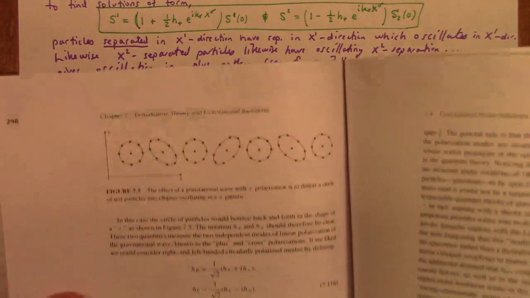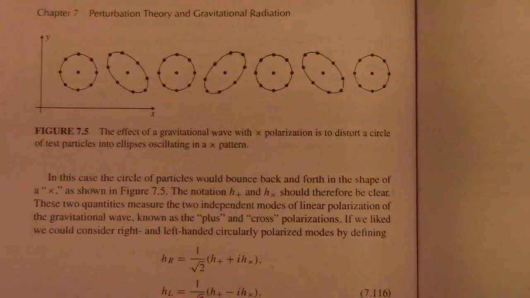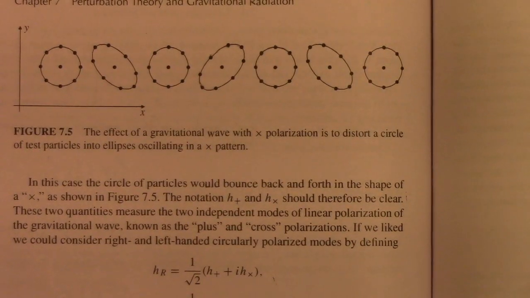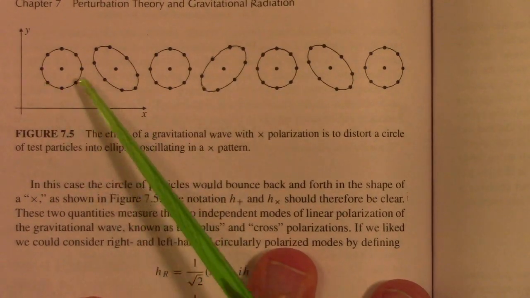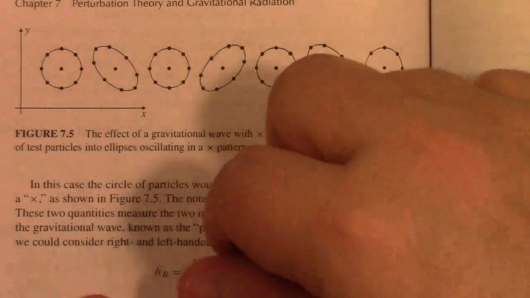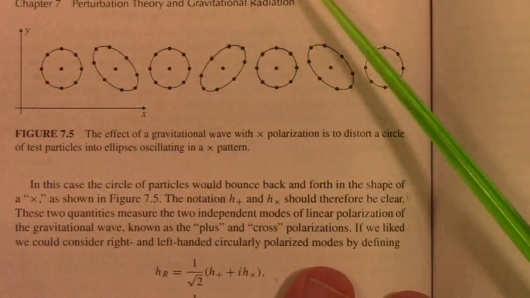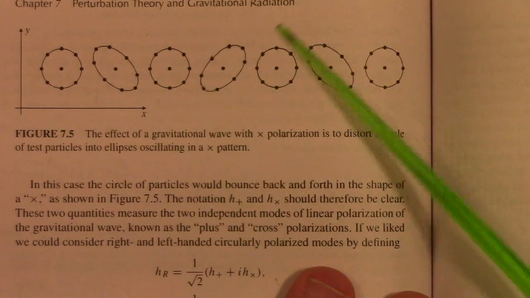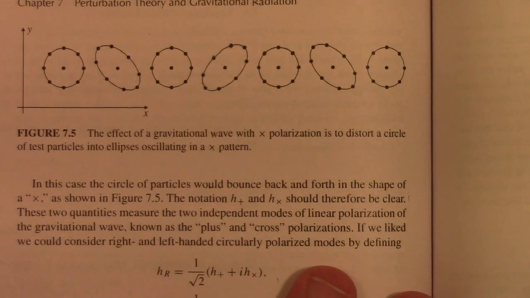So here's the X pattern. So if you can kind of imagine it, you start out with this ring, the gravity wave goes by, right? And what does it do? It has the effect of making this ring of particles stretch out along either the line y equals x or the line y equals minus x, right? So it's like a cross in the oscillation, something like that.